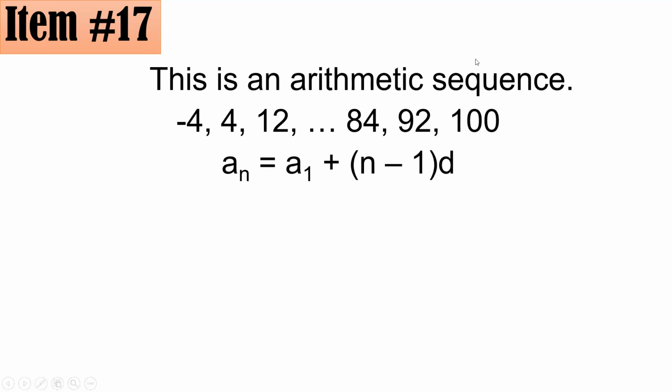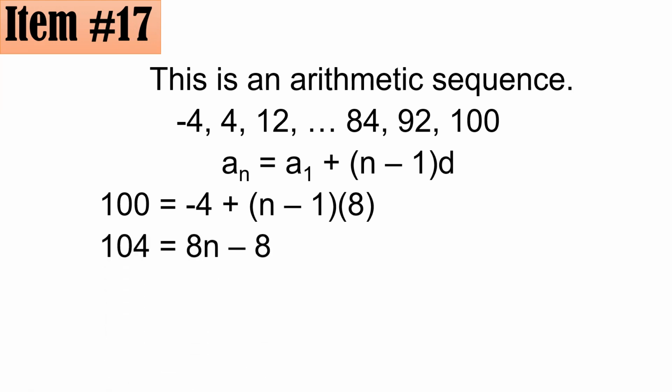Alam po natin yung last term natin na 100. So we can let A sub n, yung last term, be 100. First term is -4. Ang n is a number of terms. Hindi po natin alam yon. So let that be n. And your d will be 8. By substitution, that becomes 100 equals -4 plus the quantity n minus 1 times 8.